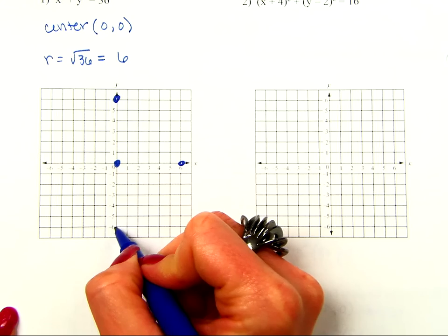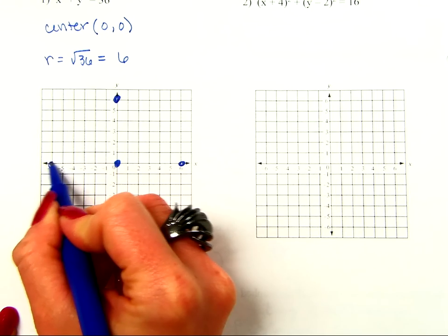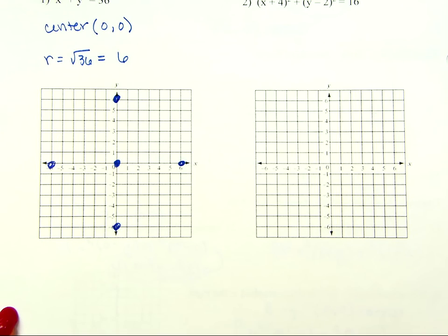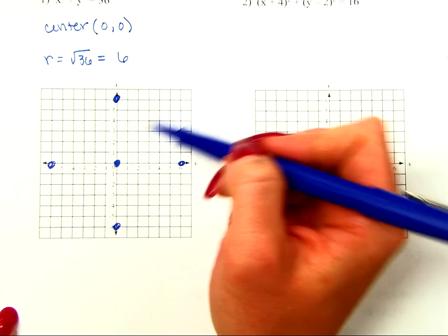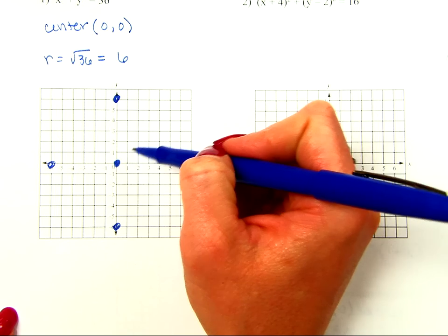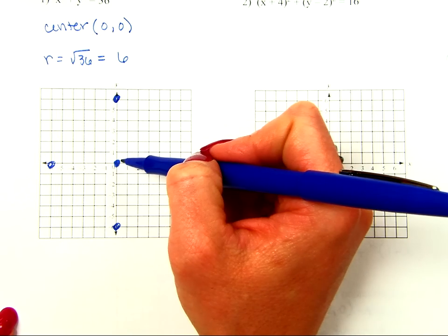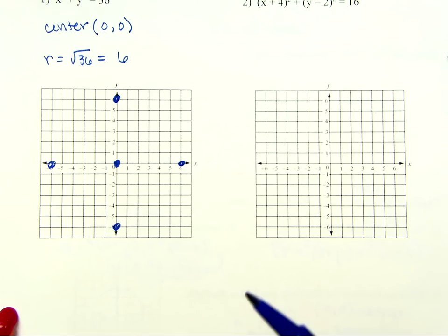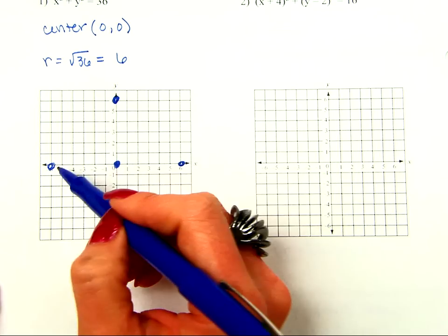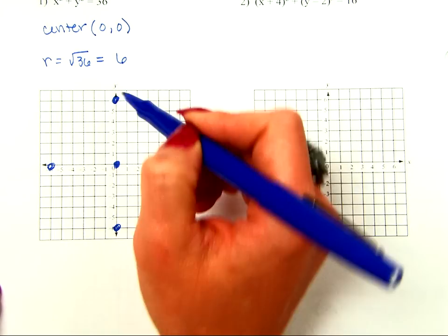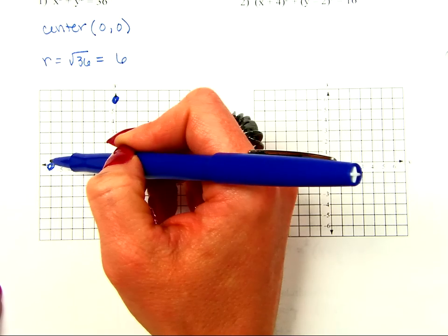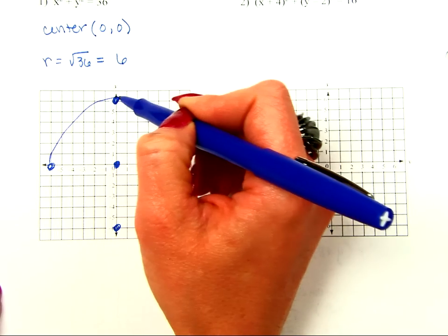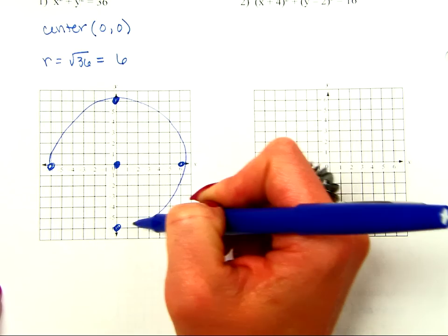So it's going to intersect those 4 points specifically. It's also going to be 6 units out diagonally. It's just that I can't count 6 exact diagonals. That's a little bit more. Those are not 1 unit. So once I get these 4 points graphed, I'm just going to go ahead and sketch my circle in, and you'll probably determine that it's a little bit harder to draw a circle than you think.